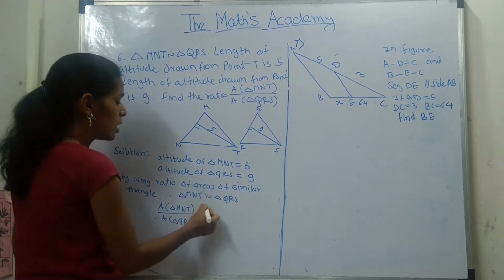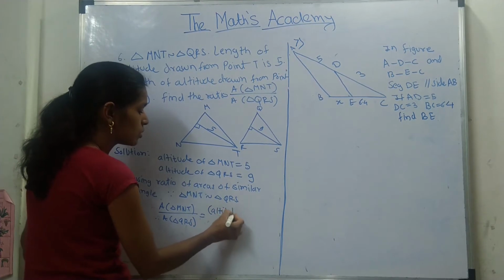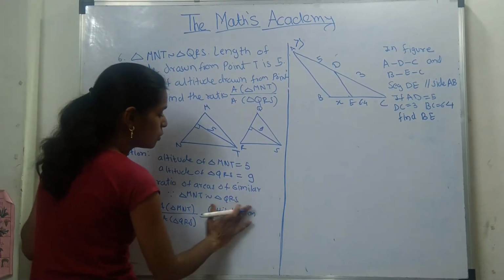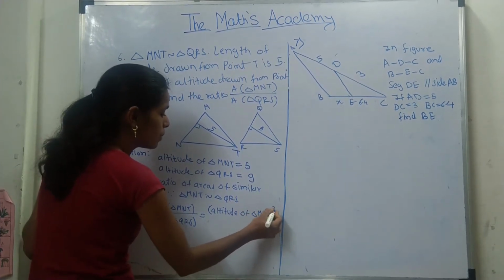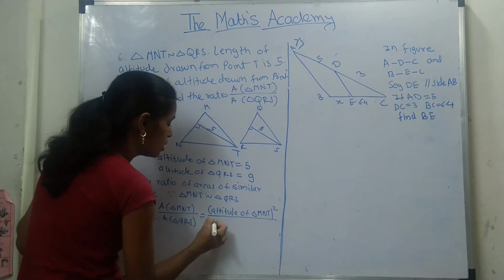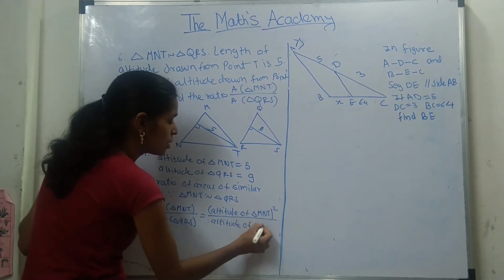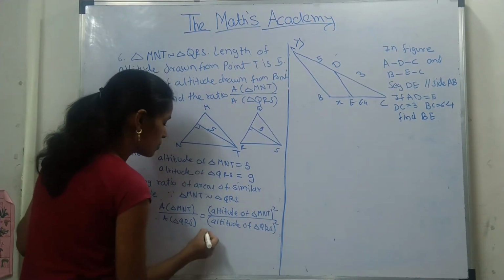is equal to the square of the altitude of triangle MNT, whole bracket square, upon the altitude of triangle QRS, whole bracket square. Now substitute the values.